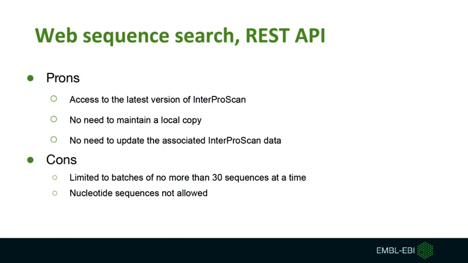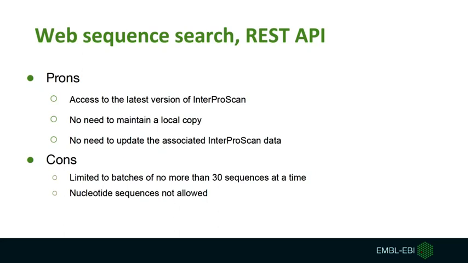Or in certain cases, for the REST API, even though it allows you to submit 30 sequences at a time, for certain use cases, that would not be scalable or not the optimal way to analyze sequences. And lastly, in both cases, you will not be able to analyze nucleotide sequences.